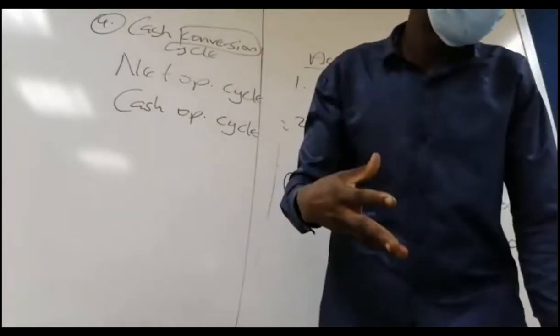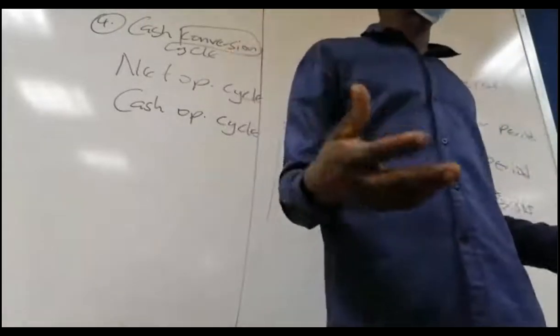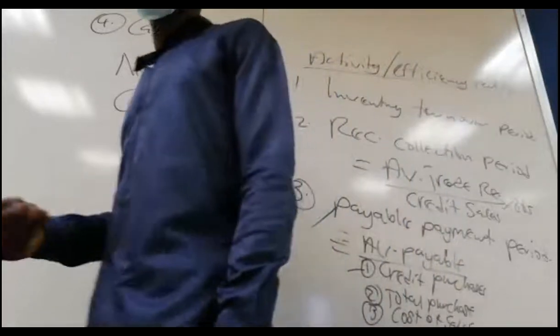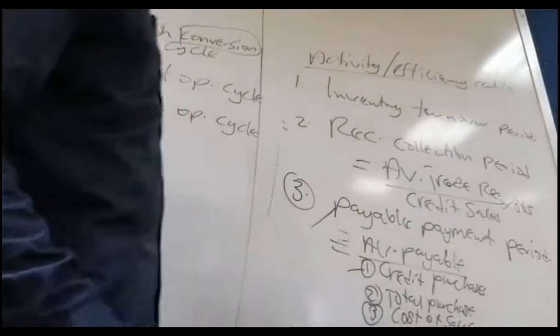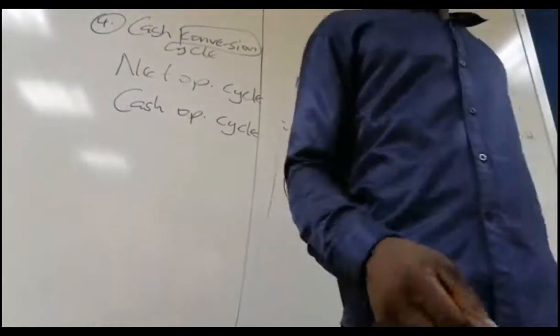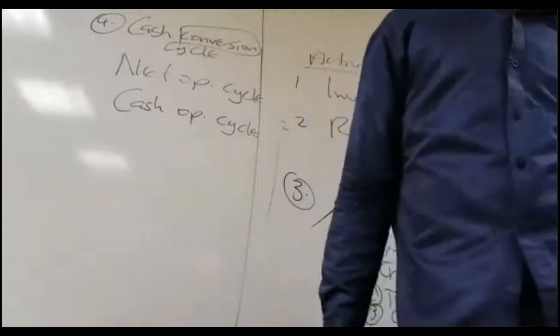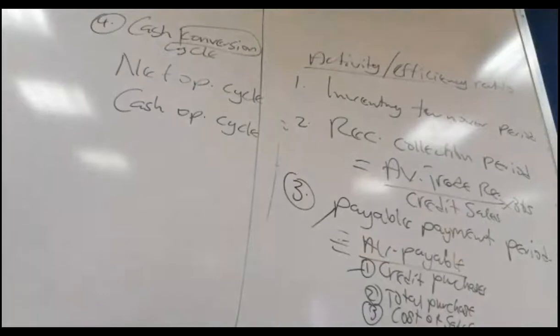And the shorter, the better, because you take a shorter period to recoup your investment. You don't want a business where the goods take you like 5 years before you can start recouping something. You like within a short time to be able to convert any inventory into cash through sale.